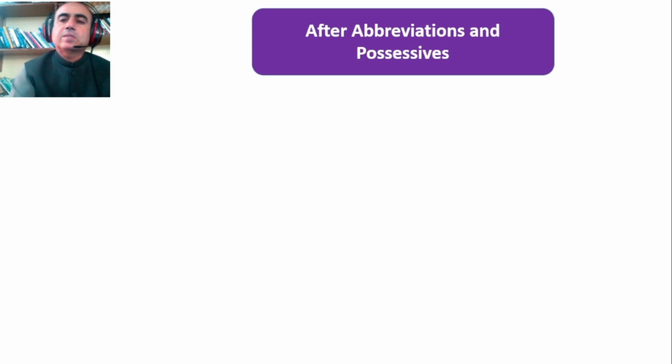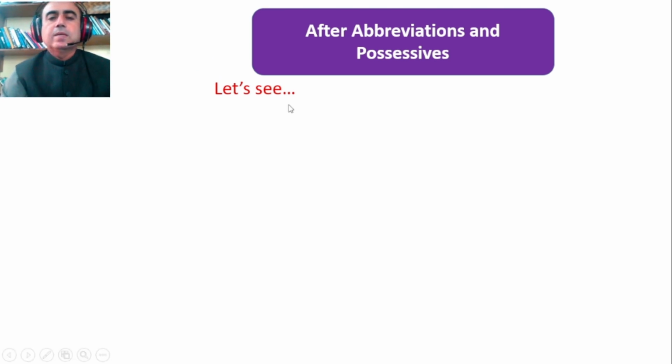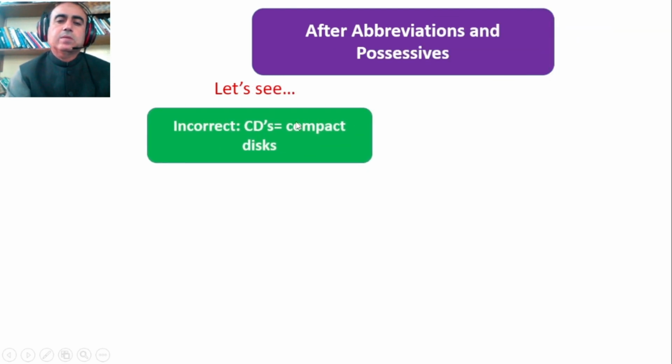Certain abbreviations and possessives. Let us see. Here we put an apostrophe, like CDs. It is like MP3s. We cannot say it with an apostrophe S. An apostrophe S will make it the possessive case, but we are talking in the sense of plural.